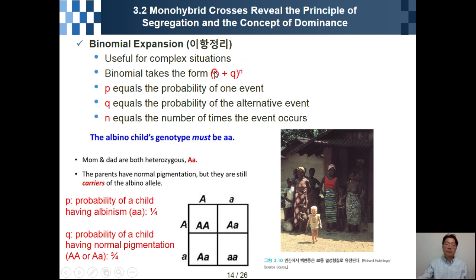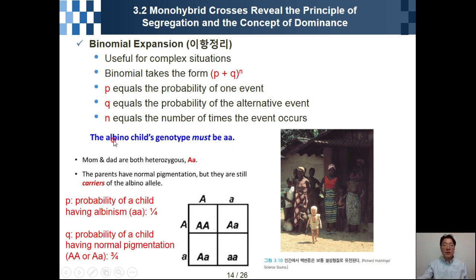What is p? p equals the probability of one event. Q equals the probability of the alternative event. What is n? n equals the number of times the event occurs. You may not be able to understand the concept of binomial expansion from this explanation, so we will solve one problem. Okay.